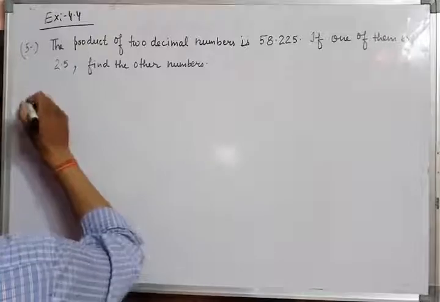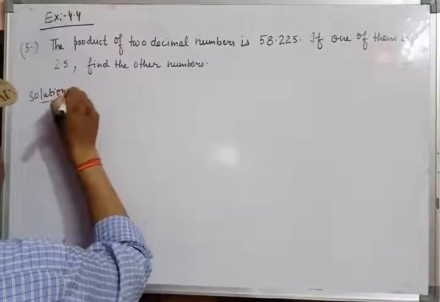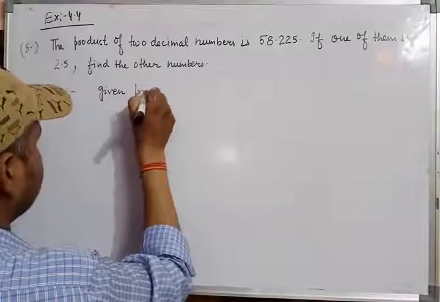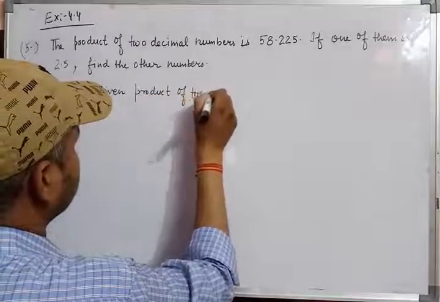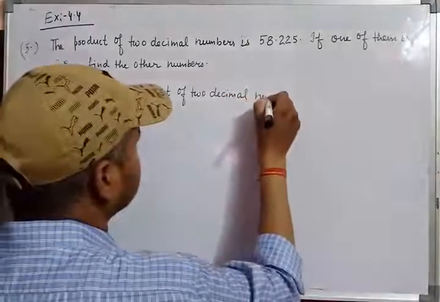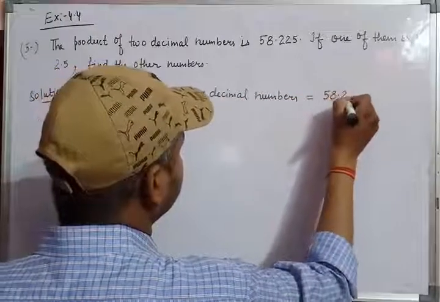We are starting the solution of this question. Given: product of two decimal numbers is equal to 58.225.